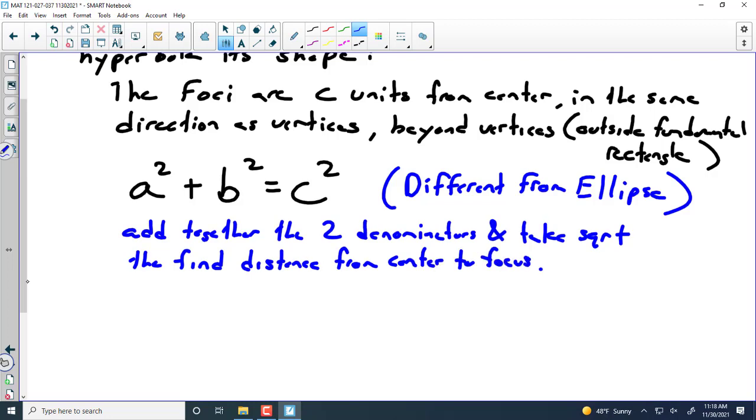You add together the 2 denominators, and then you take the square root. That will give you the distance from the center to the foci.